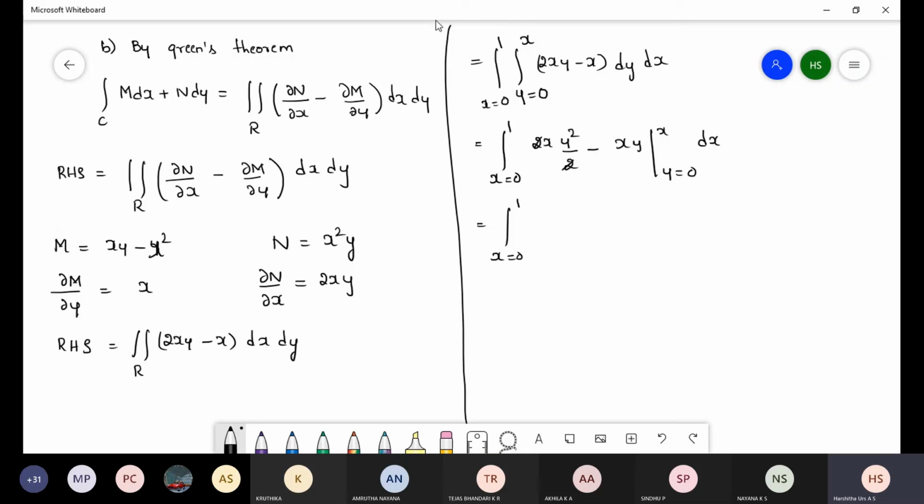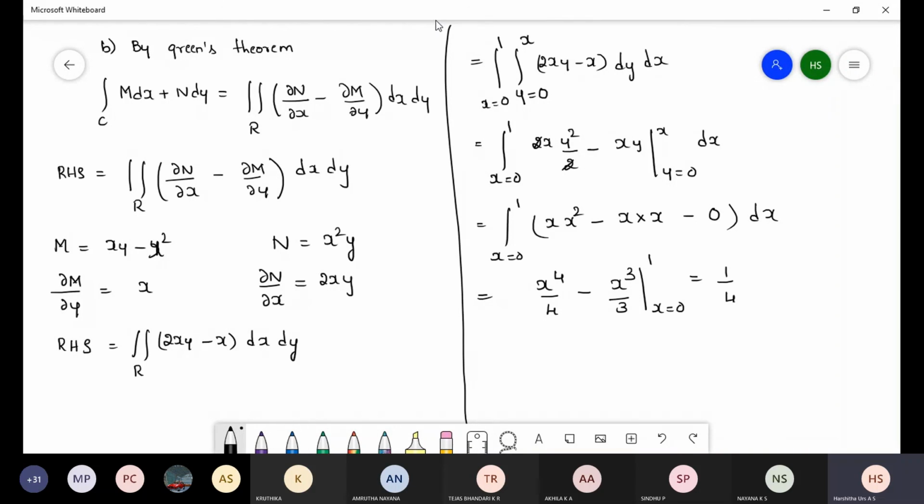The 2 gets cancelled. We substitute y is equal to x, so x into x square minus x into x at the upper limit, and the lower limit becomes 0, into dx. So integration of x cube is x power 4 by 4, minus integration of x square is x cube divided by 3, x is equal to 0 to 1.